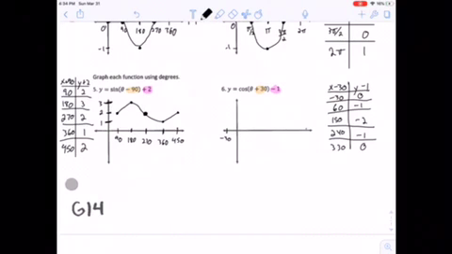And we're going to go, let's go 330 way out here. Halfway between them, we'll say is right there. That's 150. Halfway between those is 60. And halfway between those is 240.